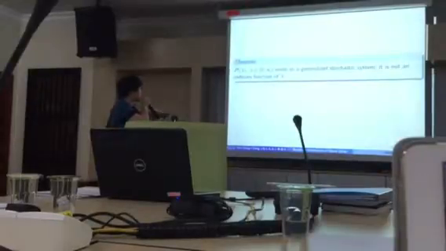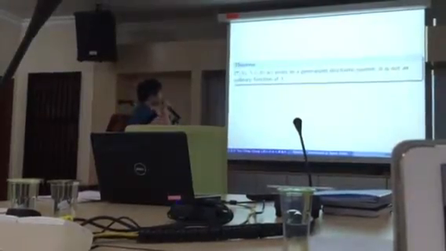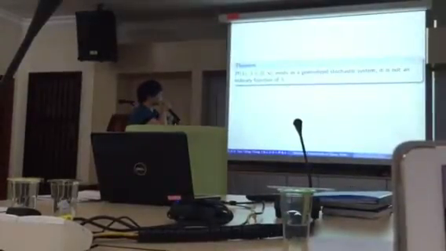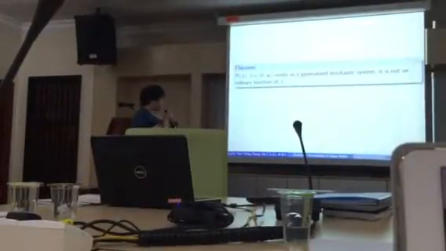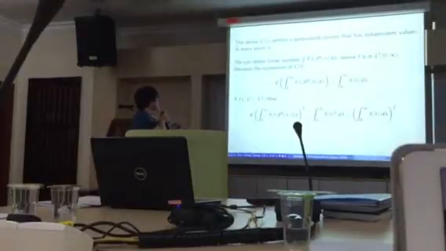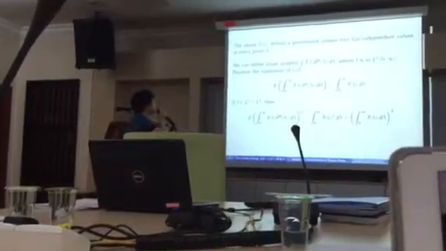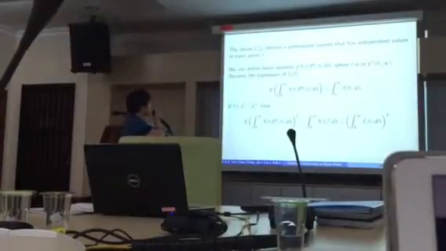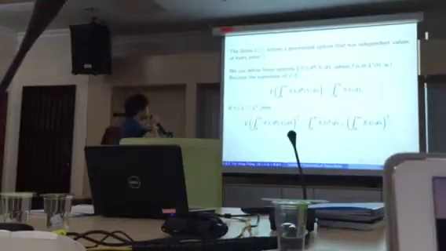And next theory, we also know some properties of P prime lambda and where it lives. So we can know that there exists a generalized stochastic system. It's not an ordinary function of lambda. And above the characteristic function, which defines a generalized system that has an independent value at every point lambda, the lambda intensity, we can define a linear system.